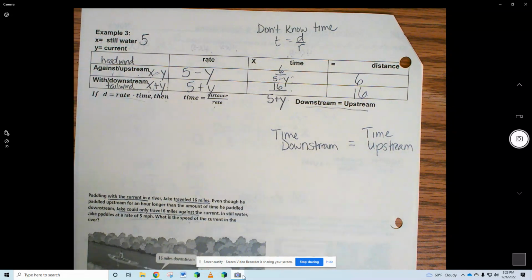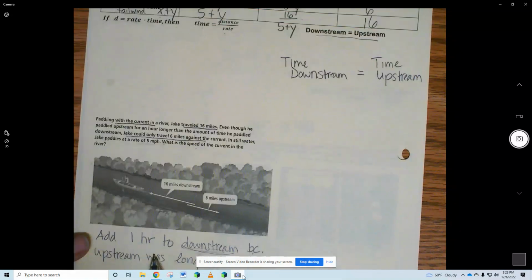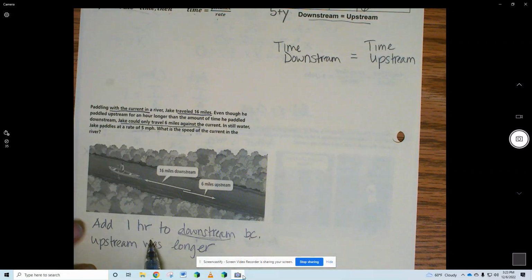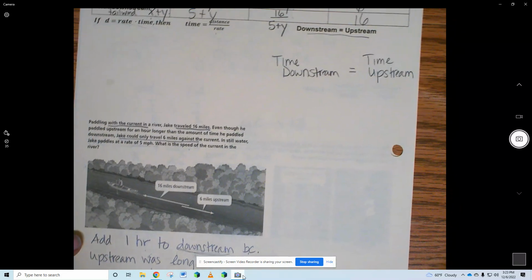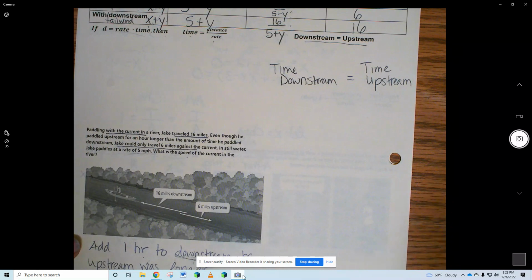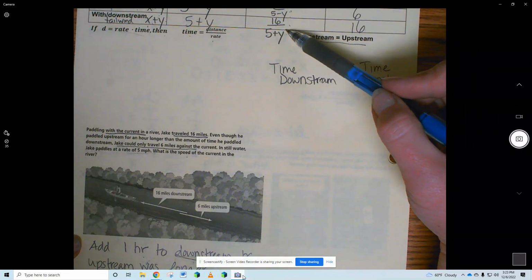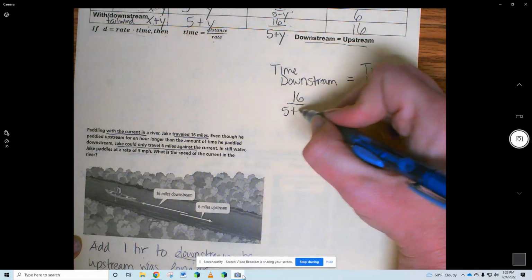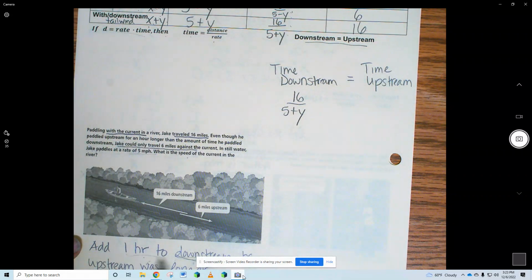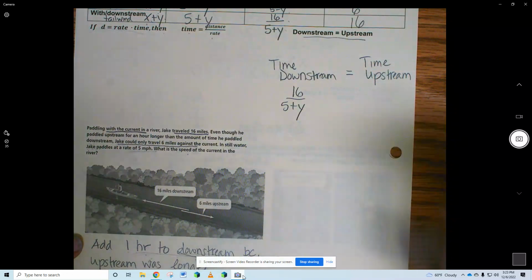I cannot forget that I'm adding an hour to downstream, because upstream takes longer. The time downstream is 16 over 5 plus y, plus 1 hour.